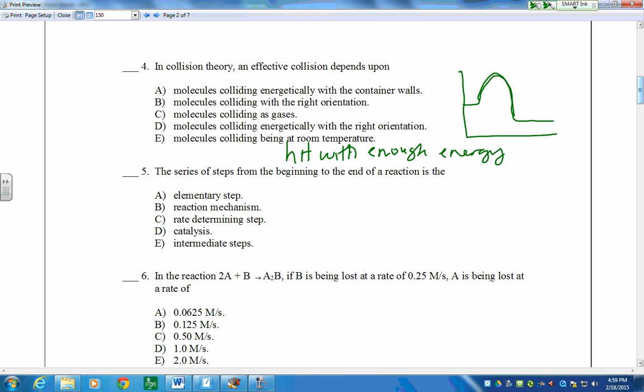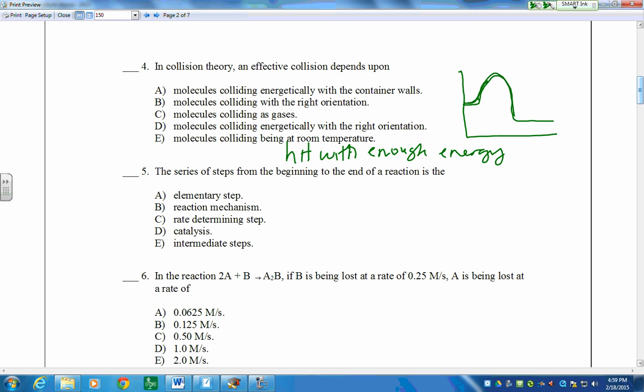So if two reactants run into each other and they're going fast, but not fast enough, they come up here, but they don't turn into products because they can't get over the hump. And sometimes some reactions have to be aligned perfectly, bumping in exactly the right orientation.